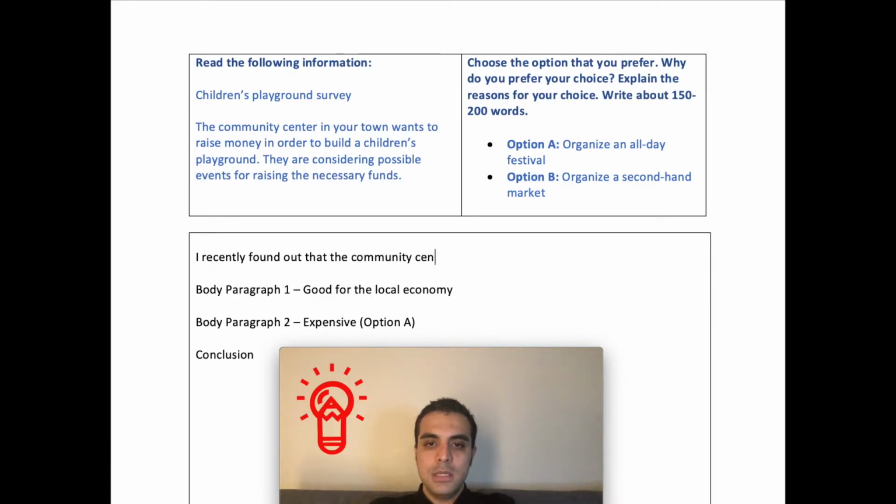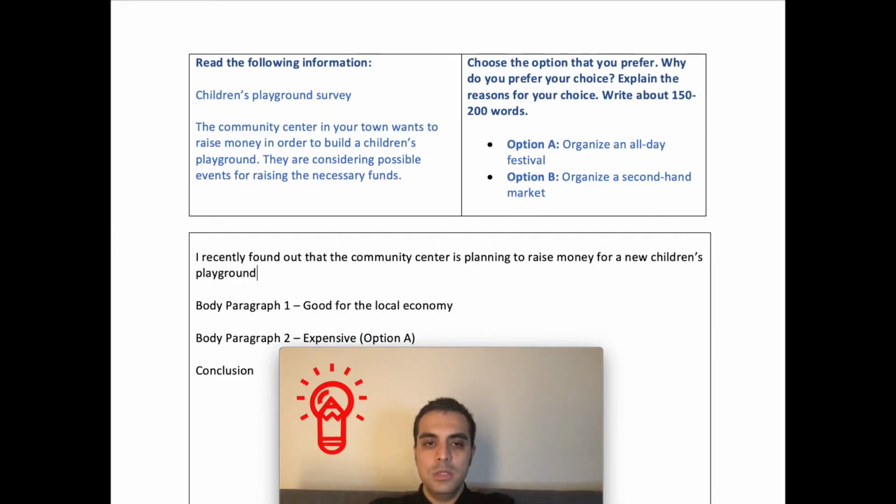community center is planning to do what? To raise money for a new children's playground and is considering two fundraising events."